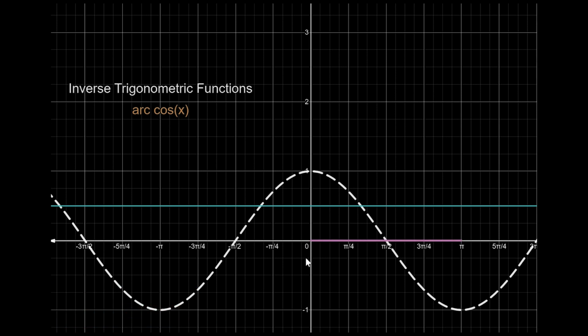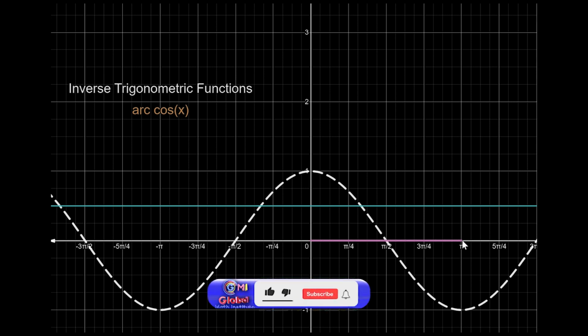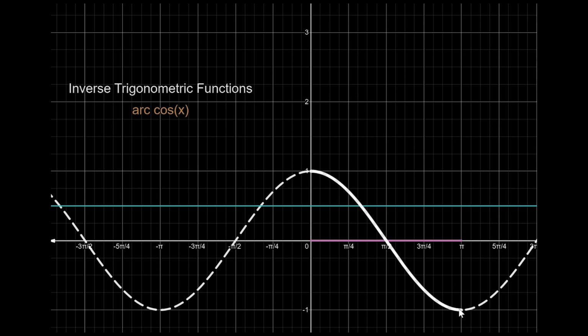We can restrict the domain from 0 to pi. In that case, the portion of the wave which we have is always decreasing, as you can see, and it passes the horizontal line test.